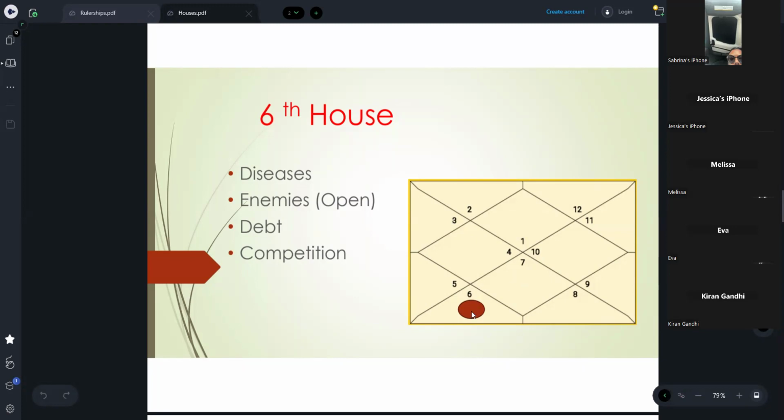This is going to be a very hot topic going forward, because when you start getting clients, when you start getting people asking you questions, this is going to be a hot topic. When you see the 7th house connected with the 3rd house, how am I going to find my spouse? Maybe my younger siblings, maybe short distance travels, my neighborhood.